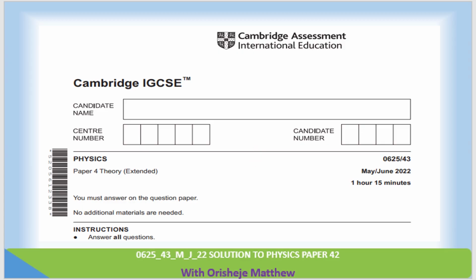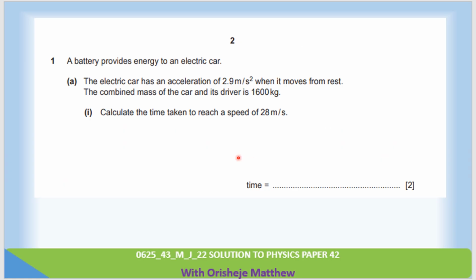So can we jump in? Are you ready? Question 1. A battery provides energy to an electric car. So we are looking at the flow of energy.